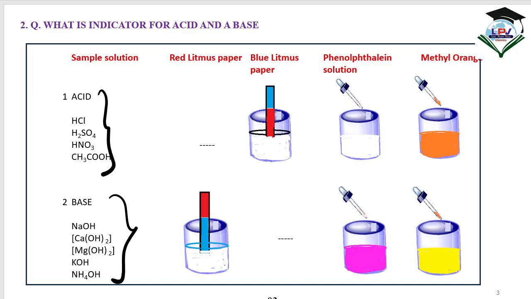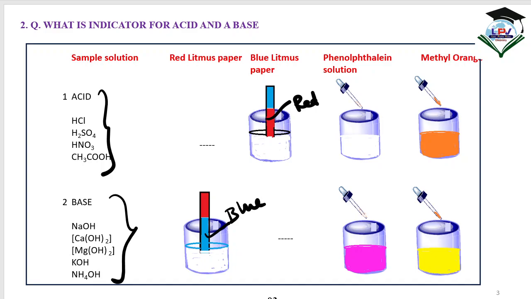Its color turns from blue to red, whereas if you put a red litmus paper in a solution of base, it becomes blue in color. That is the confirmation test for acids and bases using litmus paper.